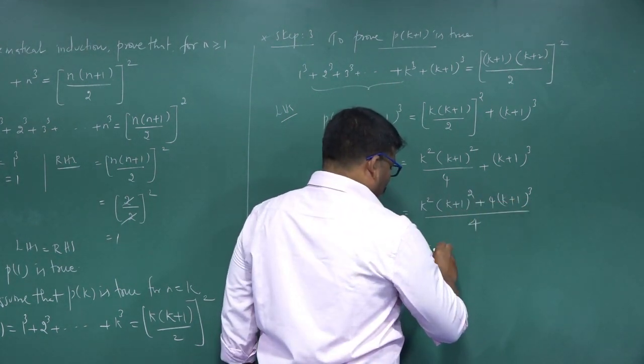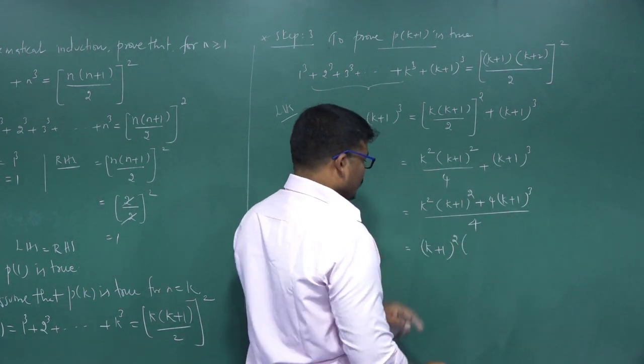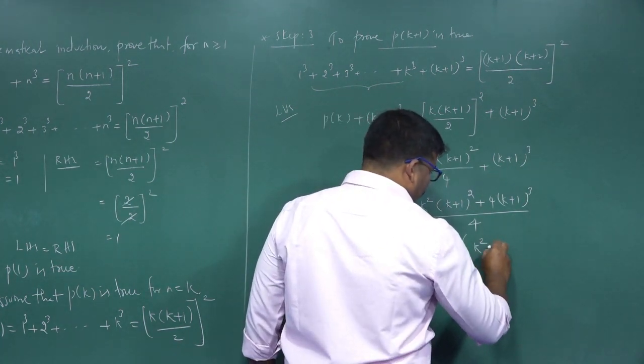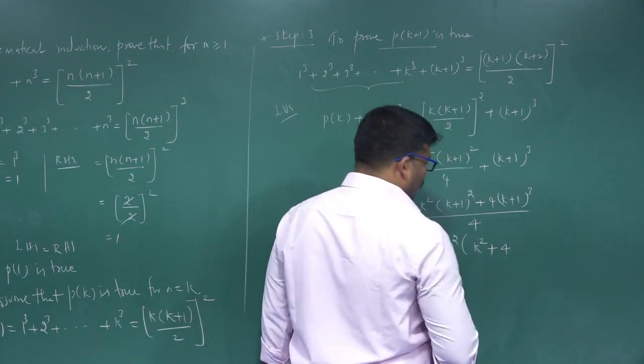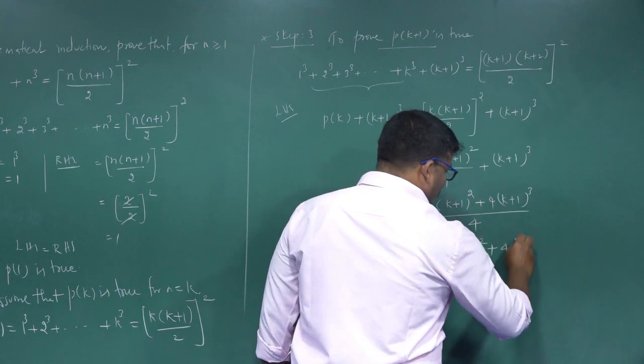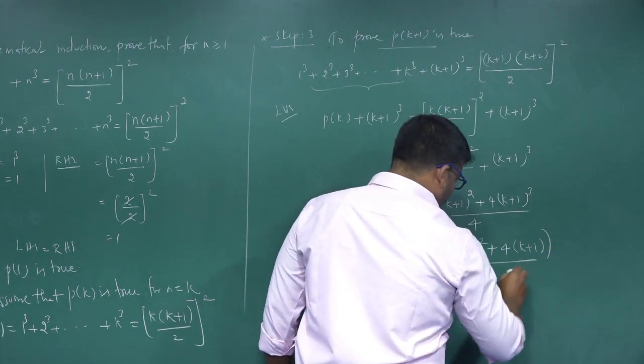k plus 1 whole square, remaining terms k square plus 4 times k plus 1, by 4.